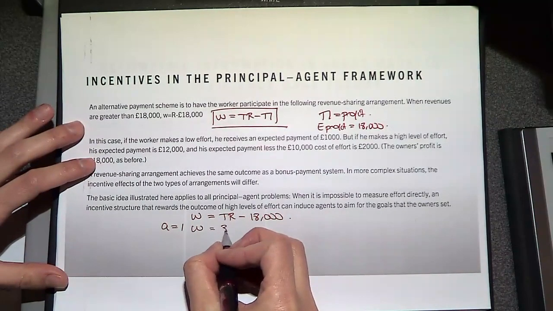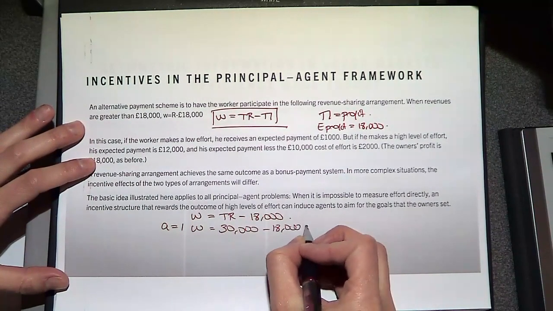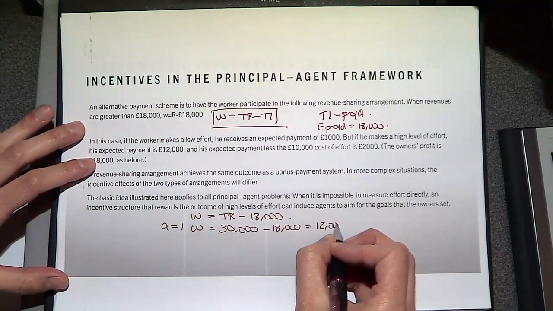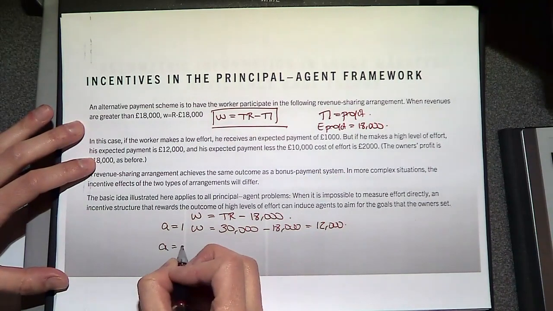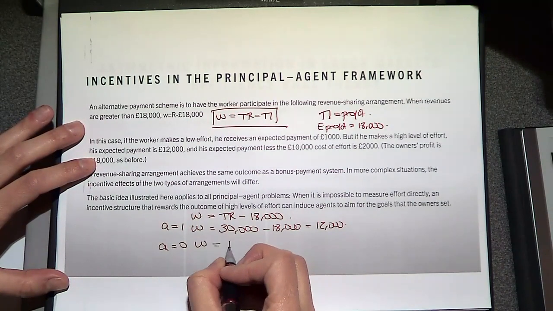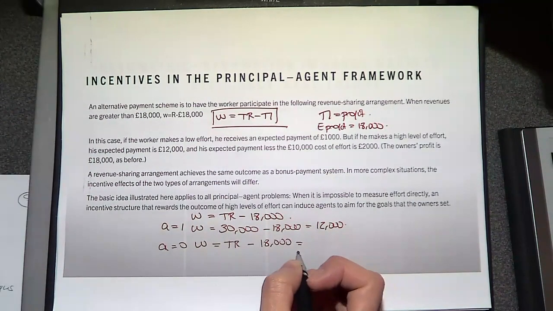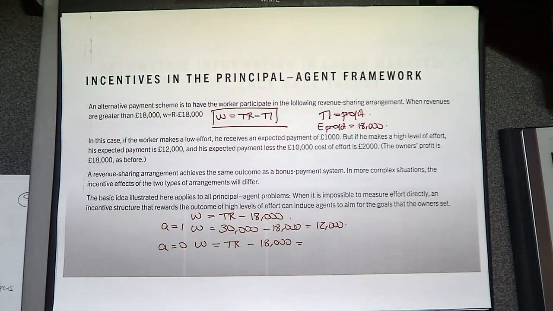We've just done that. So the expected salary will be 12,000. But what about if it's low effort? Well, now he can get a salary, because now the salary actually is an arrangement. Okay, it's a different setup.